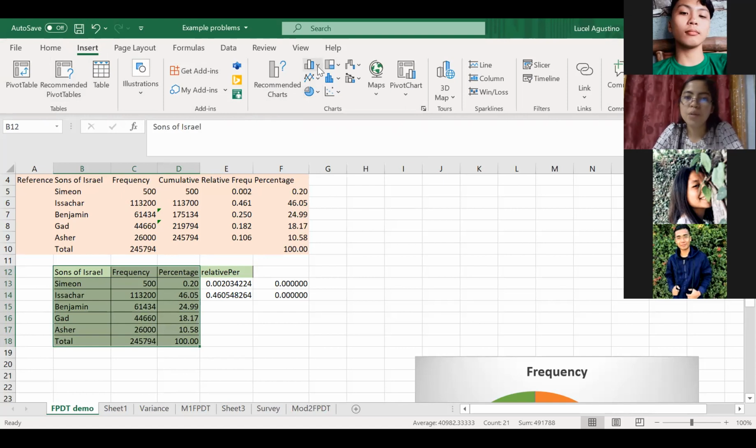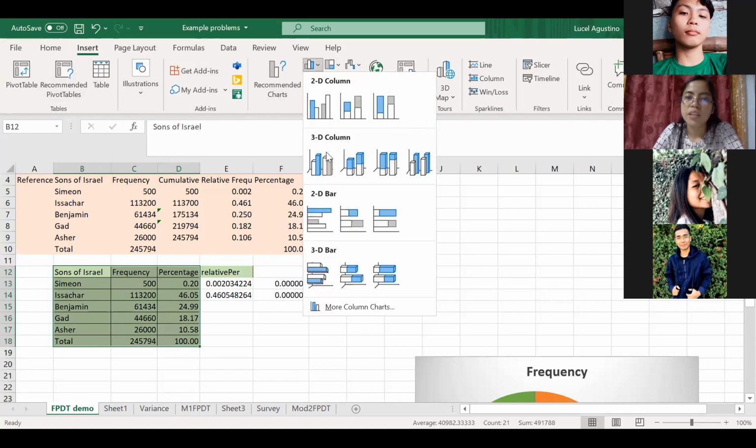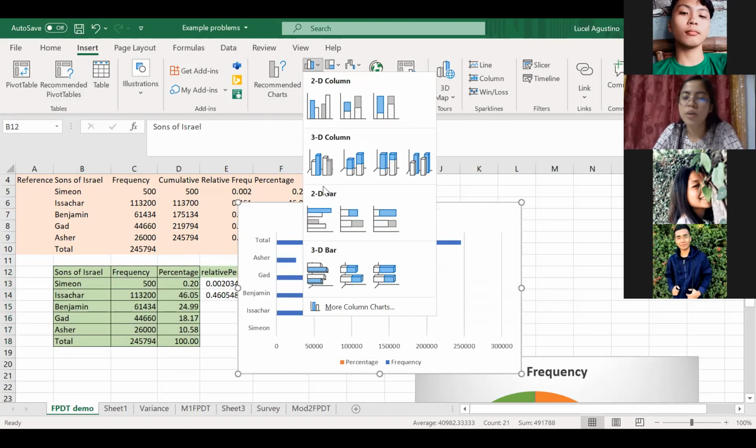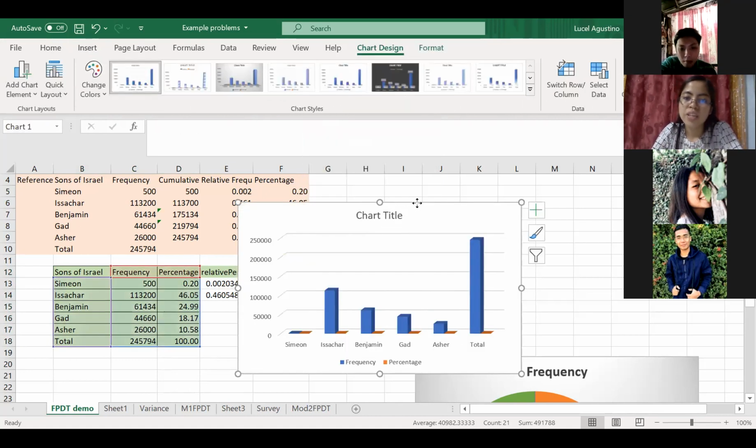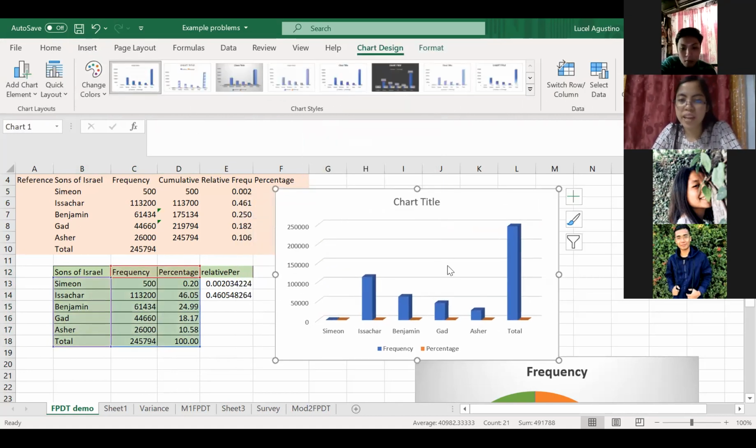So if, for example, we use the 3D pie chart. So pwede nyo kamo makagamit sang horizontal or vertical unless specified in your module 2 or topic 2 exercise. So for example, we use the vertical one. So automatic, i-display yan na.